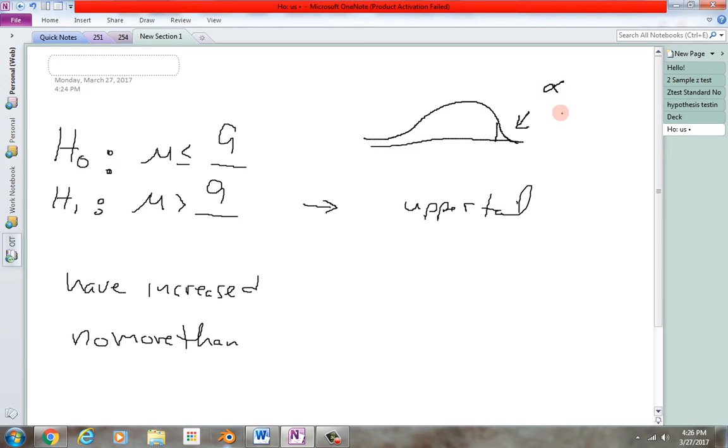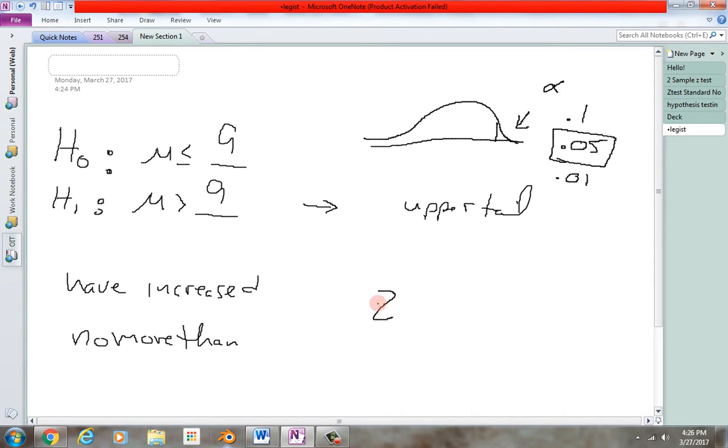That is the probability that I'm going to reject. Normally we use 0.1, 0.05 or 0.01. We're going to put all that 0.05 in the upper tail, versus the two-tail test where we split it and put half on each corner, just like a confidence interval.